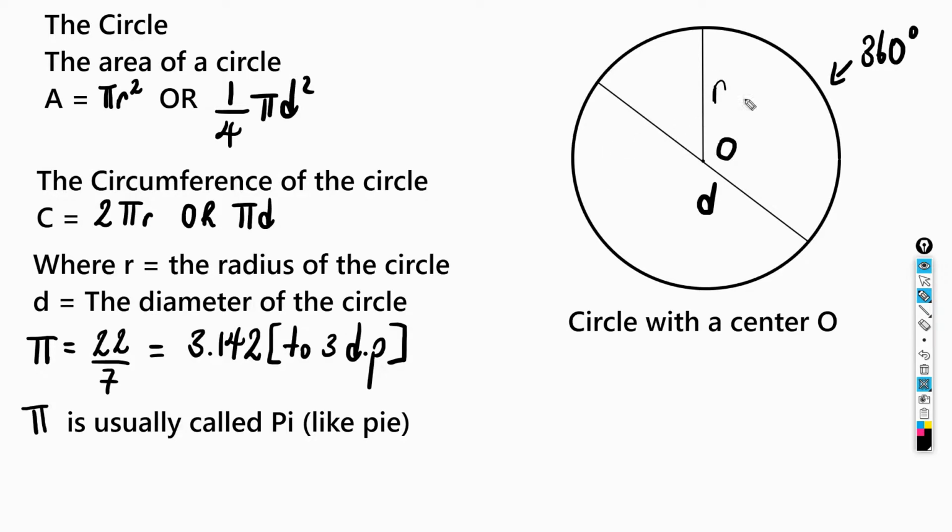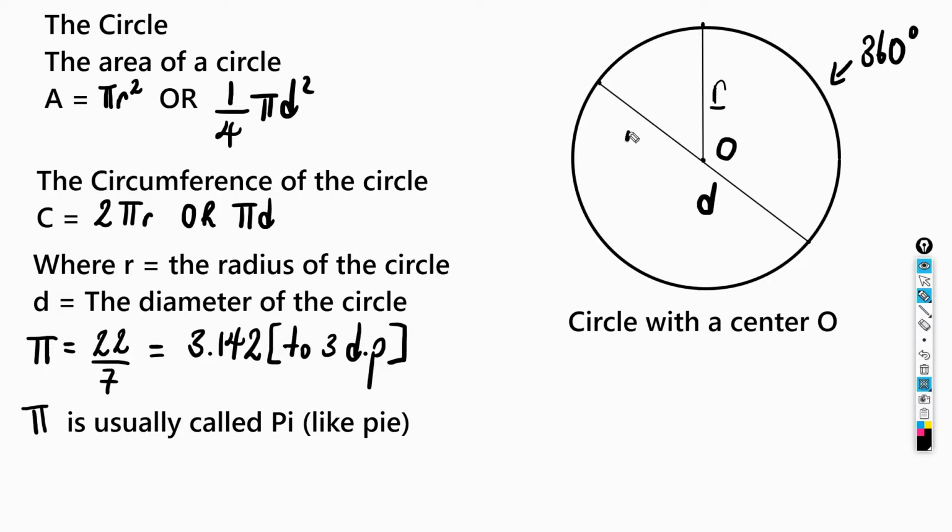Also, we have the radius here. R is the radius, which is the distance from the end of the circle to the middle of the circle. And we have D, which is the diameter, the distance from one end of the circle to the other end. So the radius is half the diameter.